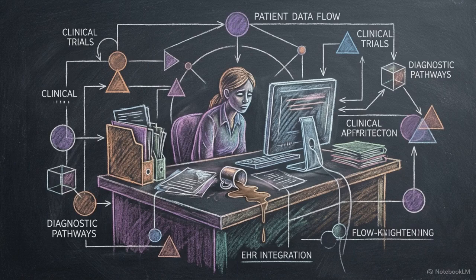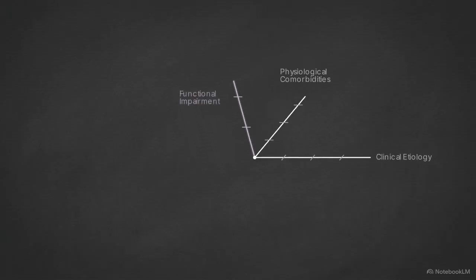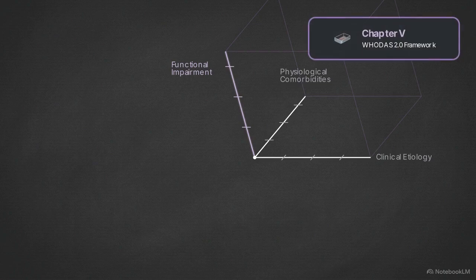The final dimension of modern psychiatric assessment measures the real-world functional deficit caused by the disease. A new z-axis for functional impairment extrudes outward, transforming the 2D grid into a 3D data cube. Chapter 5 populates this z-axis using the WHODAS 2.0 framework.